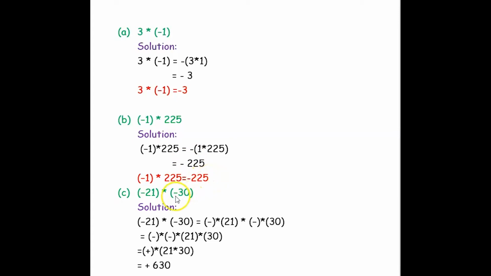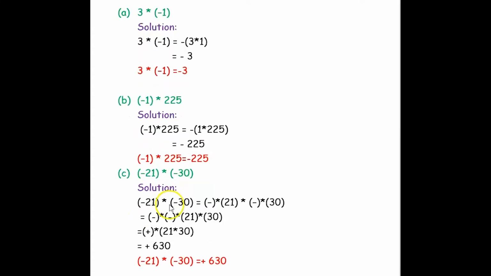225. Next is negative 21 into negative 30. Here we can split the given question like this: negative into 21 into negative into 30. I am rearranging it as negative into negative into 21 into 30. We know that negative into negative will become positive.